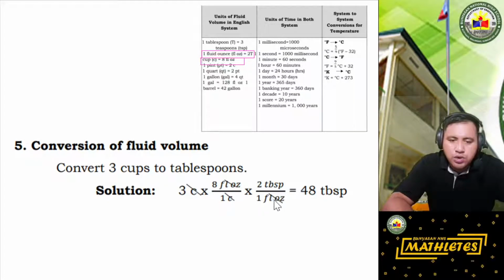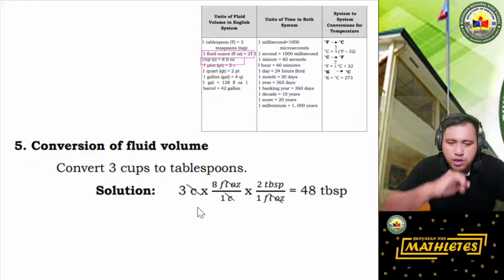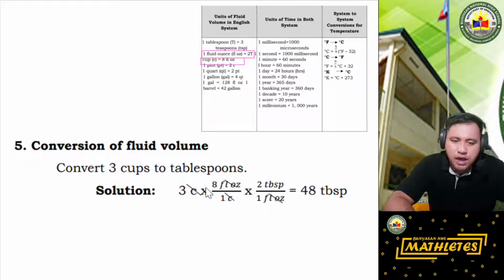Then 1 fluid ounce is equivalent to 2 tablespoon. We have 3 times, cancel cup, cancel fluid ounce. So that makes 3 times 8 times 2. So we have 3 times 8 times 2 is 48. Then 1 times 1 is 1. So that is 48 tablespoon. Okay? Tablespoon.